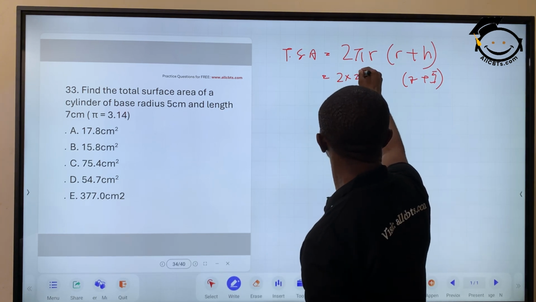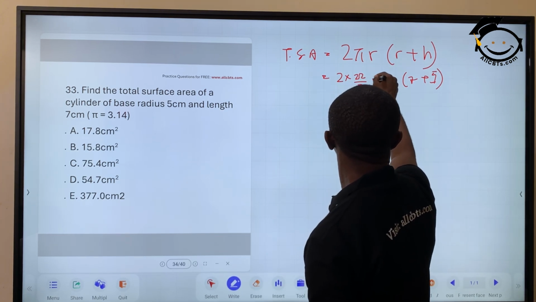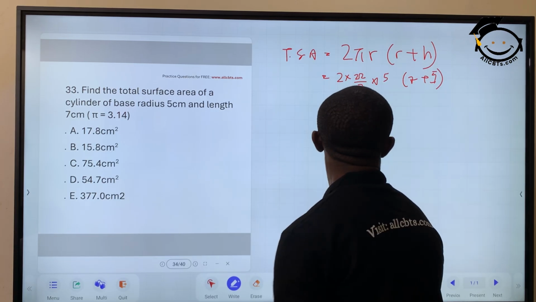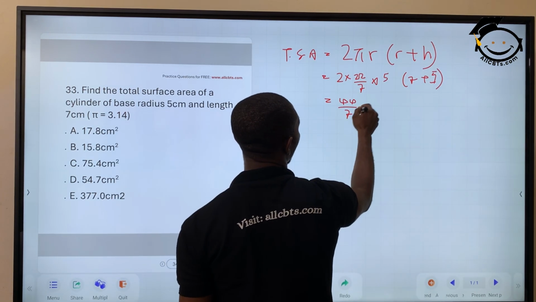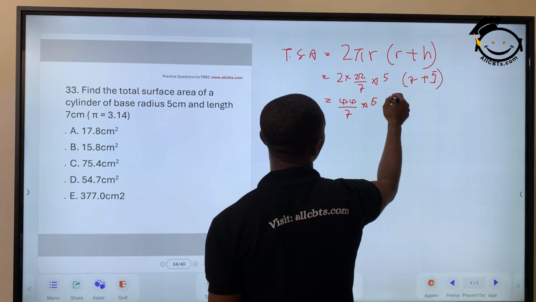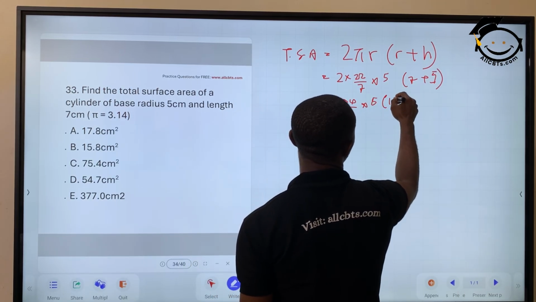So this will be 2 times 22 over 7 times 5. Okay, so this gives us 44 over 7 times 5 times 12.